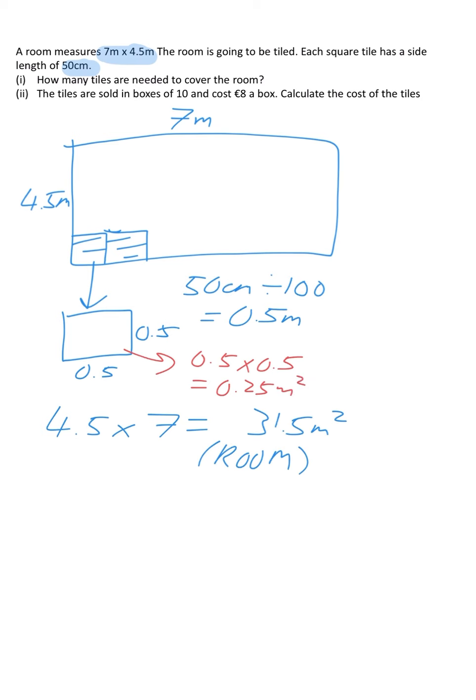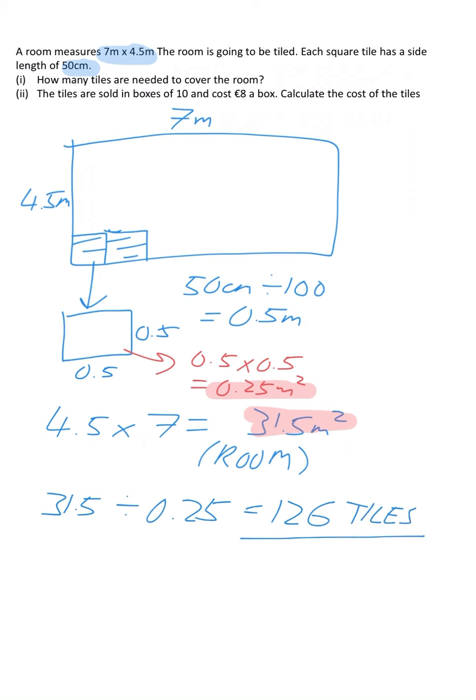So now to find how many tiles are needed for the room, I'll divide the total area by the area of one tile. So that would be 31.5 divided by 0.25, and that is equal to 126. So 126 tiles are needed, part one.